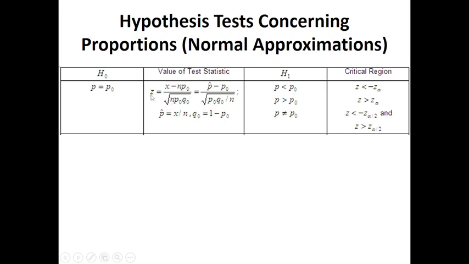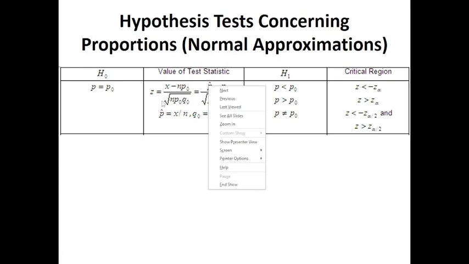So in that case, we have the random variable z, and the value of it is computed using this formula. Later in our example, I will discuss this in detail so that you can appreciate it.